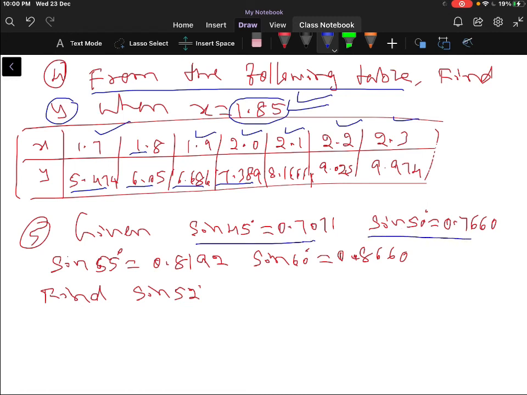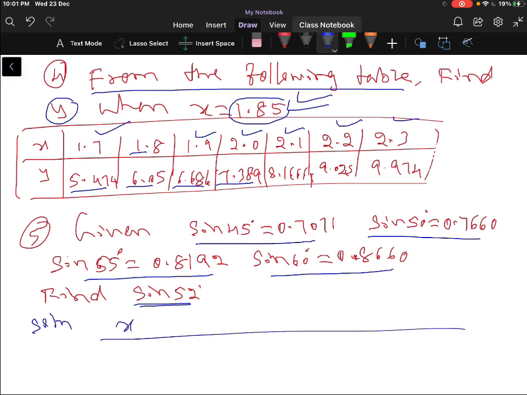Given sin 45 degrees is 0.7071, sin 50 is 0.7660, sin 55 degrees is 0.8192, sin 60 degrees is 0.8660. How to find sin 52 degrees? Your solution is here. Let us have the table of x and y, where y is sin x.